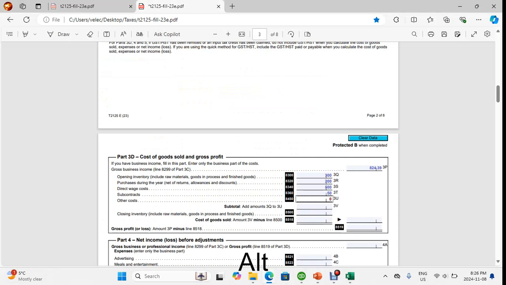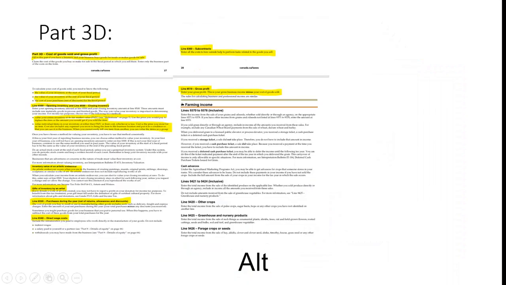Further down, you will type in your total. Again, your direct wage cost is wages that you pay.